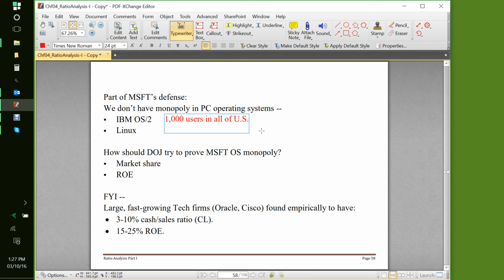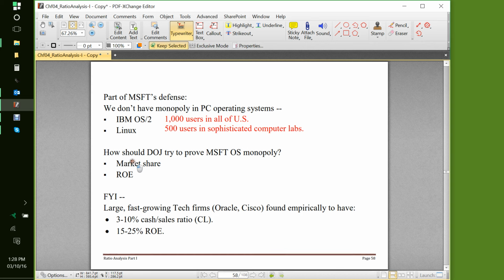There were maybe something like 500 users in sophisticated computer labs. So there were other operating systems that ran on the same computers, but they weren't in anything like widespread use. Okay, so that's Microsoft's defense.